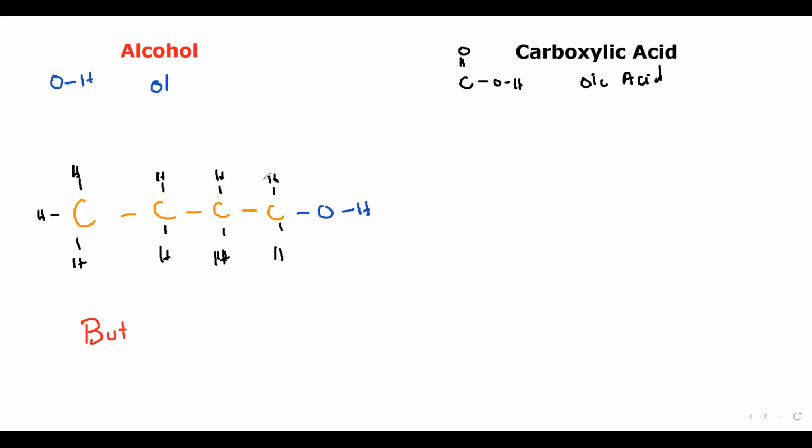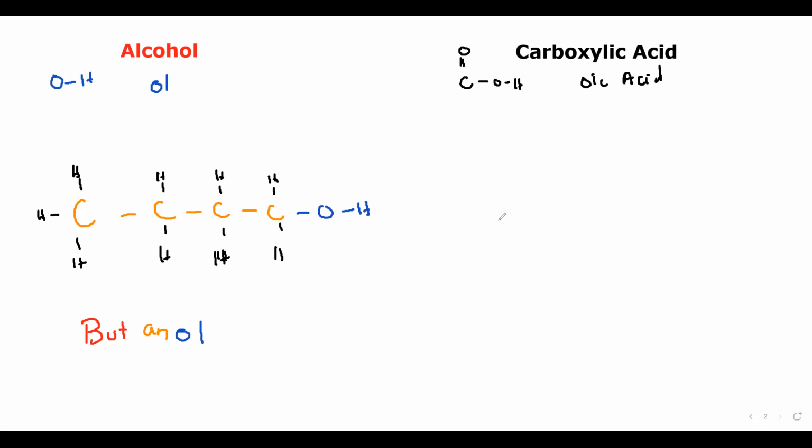Then we check the bond between the carbon atoms because they have a single bond. So we say N. And because the group which is attached is OH, the name should have OL. So it will become butanol. But because of 4 carbon, N because of a single bond, and ol due to this OH.